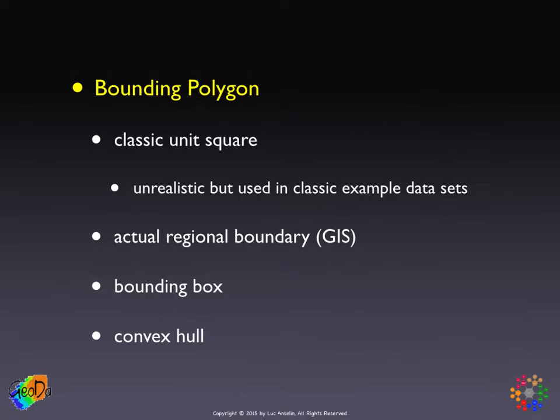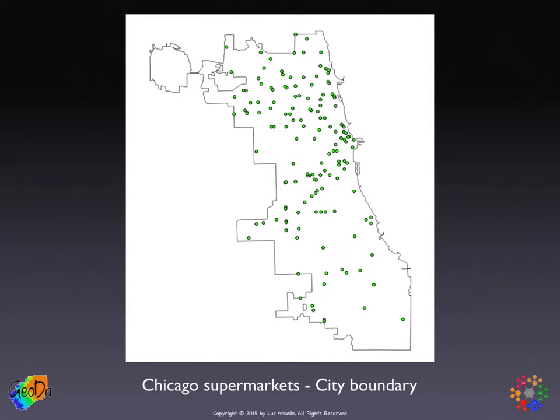Now, with the advent of GIS, we can, of course, do much better than that, and we can use the actual regional boundary from the GIS, or we can use a bounding box, which is a rectangle, or a convex hull, which fits around the points as tightly as possible. I'll now illustrate these in turn. So we start with the bounding polygon, which is basically extracted as the boundary file from the GIS.